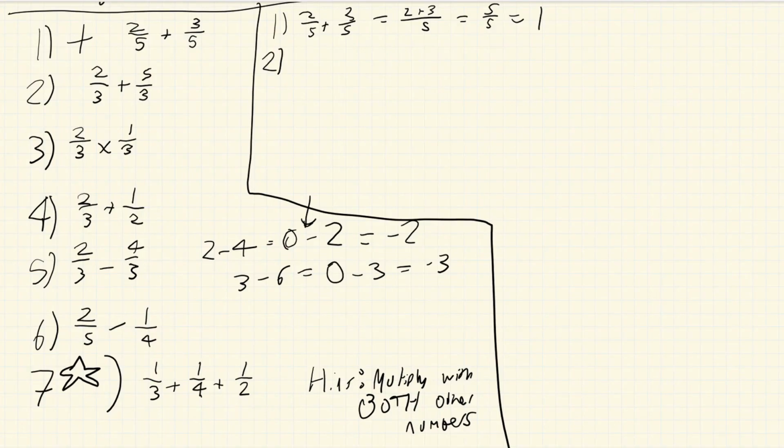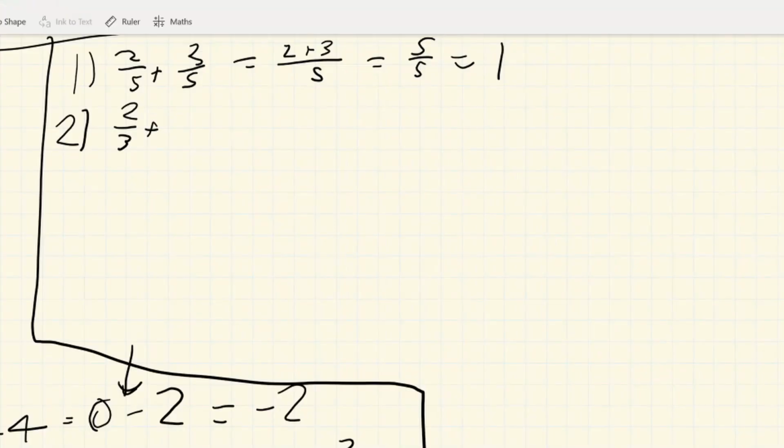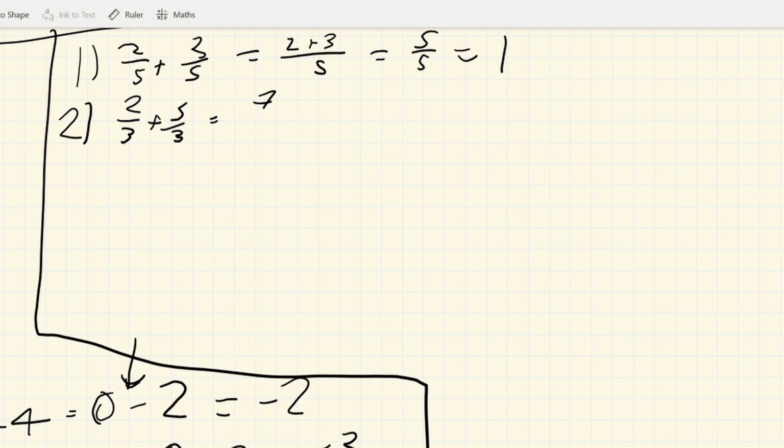For question 2, we got the same thing. 2 over 3, add 5 over 3, so we can just add the top numbers, the numerators, because the bottom numbers, the denominators, are the same. So 2 add 5 is 7, then divided by 3. But we saw earlier that 7 divided by 3, we can write that as 3 divided by 3, add 4 divided by 3, and that's just 1. But then 4 divided by 3 is also 3 divided by 3, add 1 divided by 3.